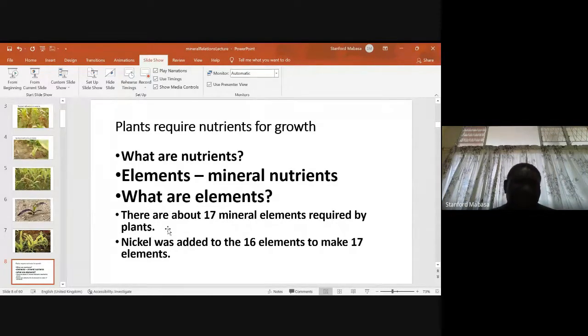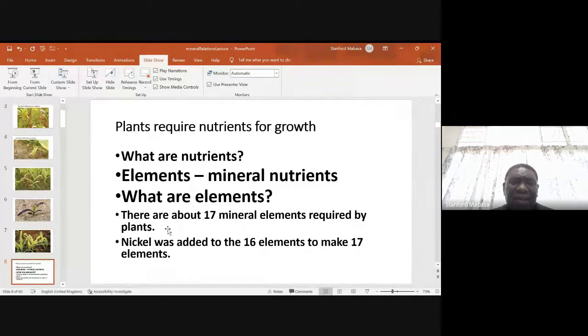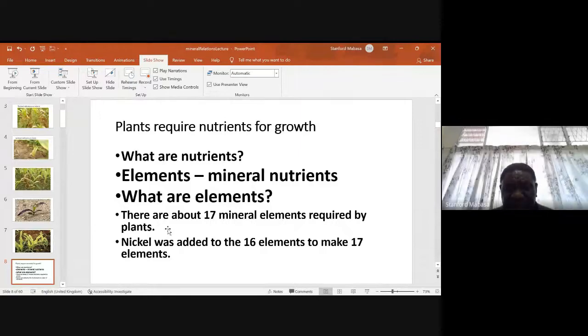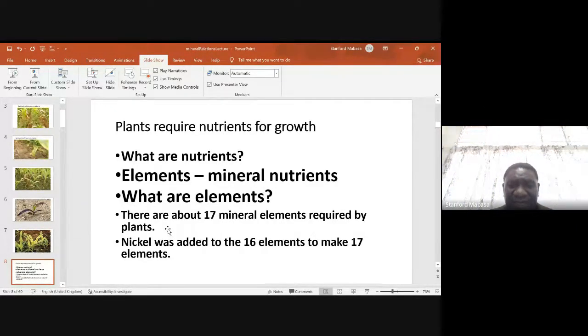For your own information, there are about 17 mineral elements required by plants, which is quite a lot. It used to be 16 elements before the discovery of nickel. Later on, it was found that nickel was also essential for plants. So if we add nickel to the 16, we now have about 17 elements.